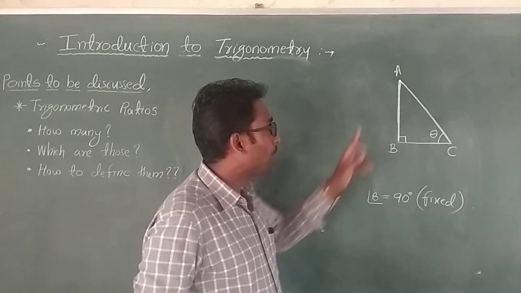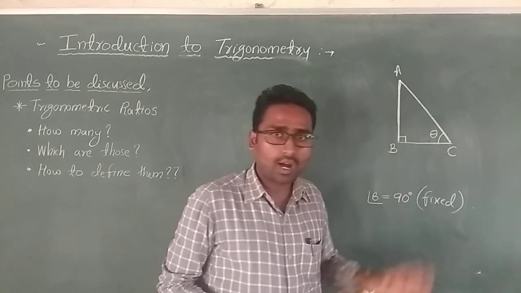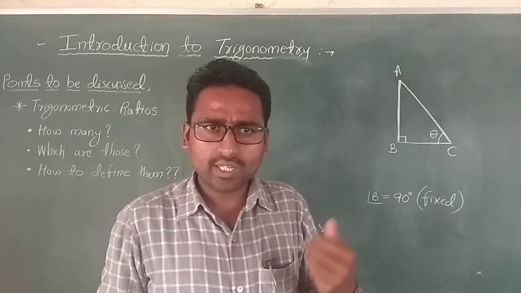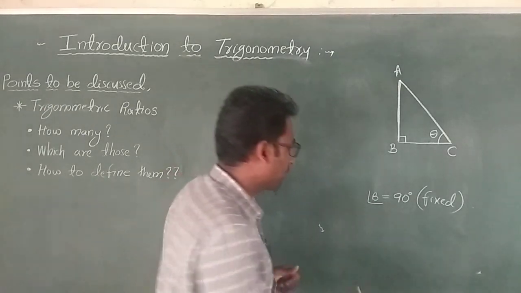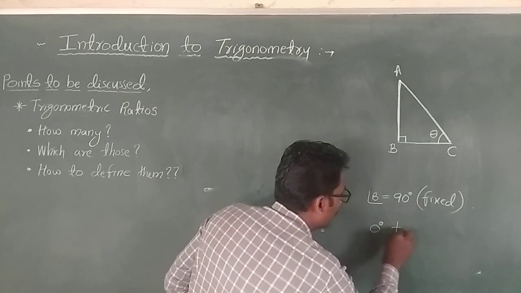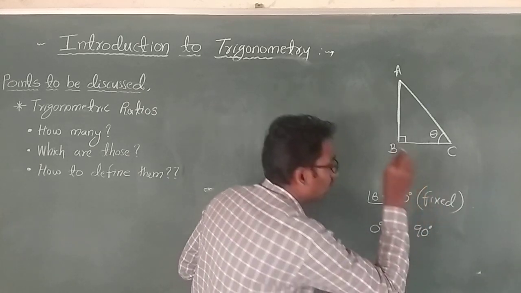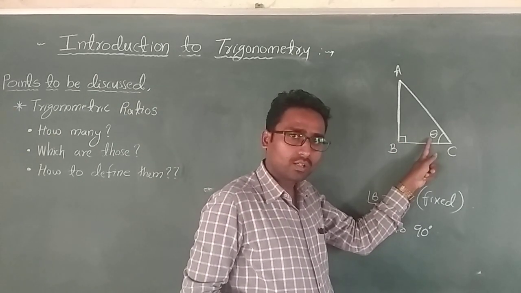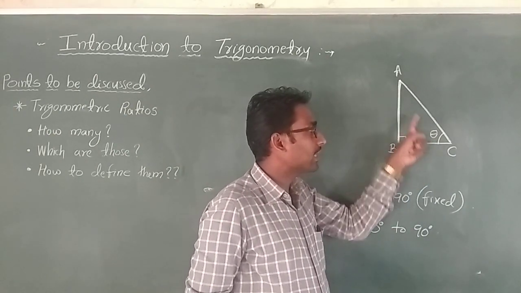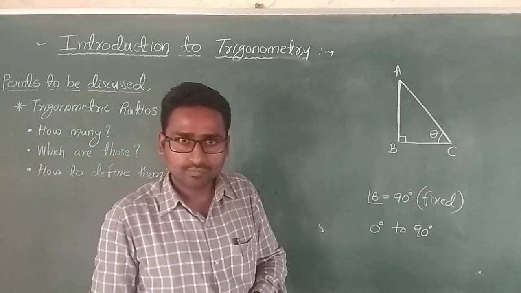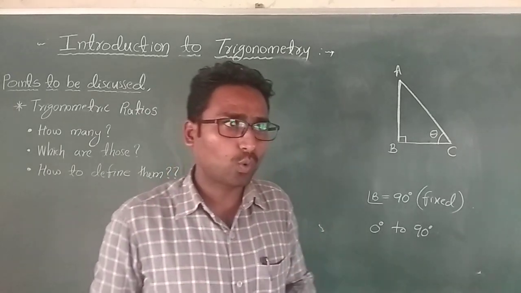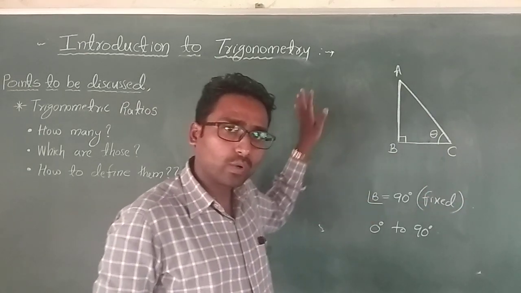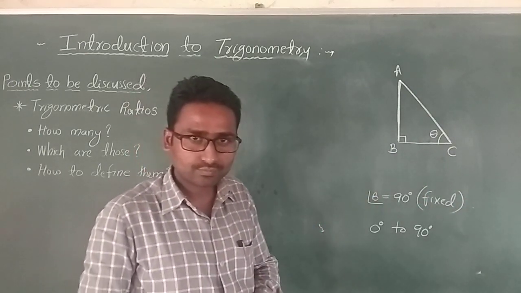But the values of A and C are not definite, they may be any value between 0 degree to 90 degree. So in such cases, we can use the notation theta for angle A as well as angle C. In this case, I am using the notation for the angle C for our convenience to define the ratios.